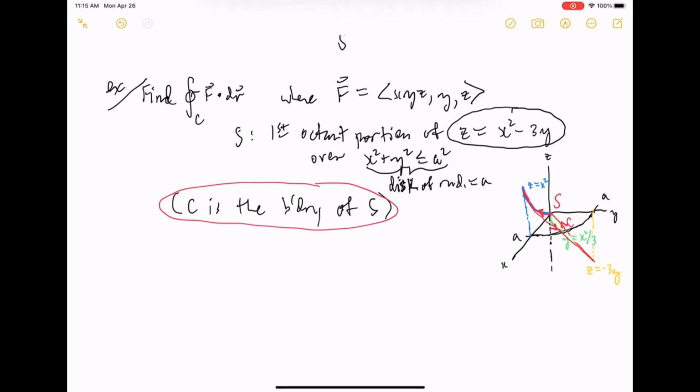And S, I won't try to color in everything because I don't want to mess up my green curve that happens to be intersecting with the XY plane. I want you to see all of that all at once.